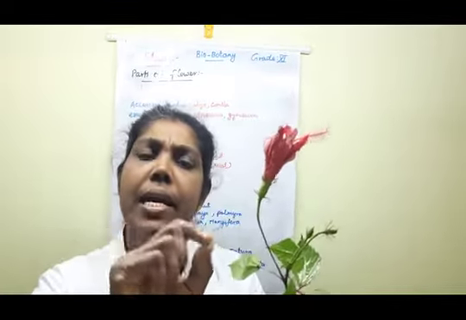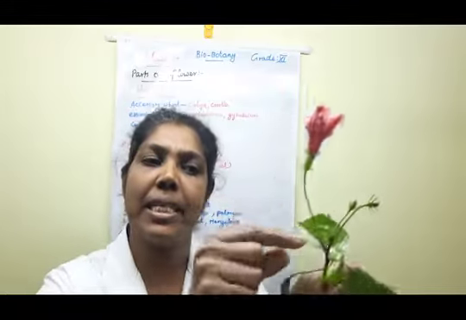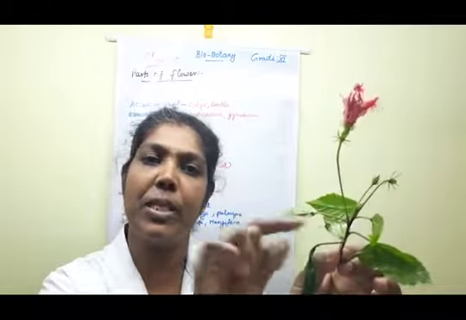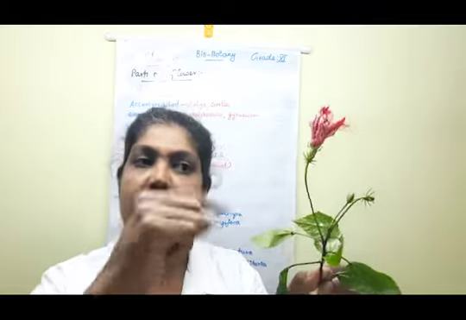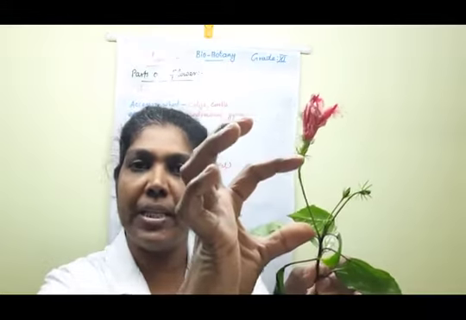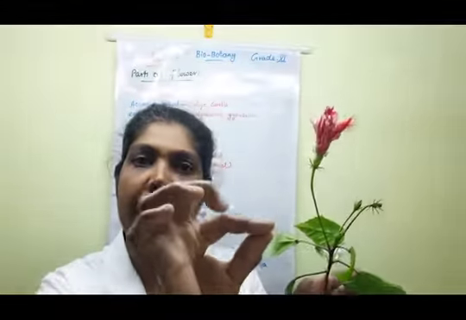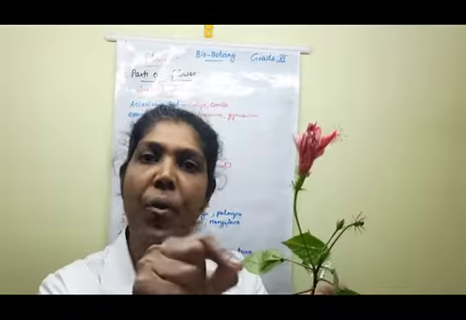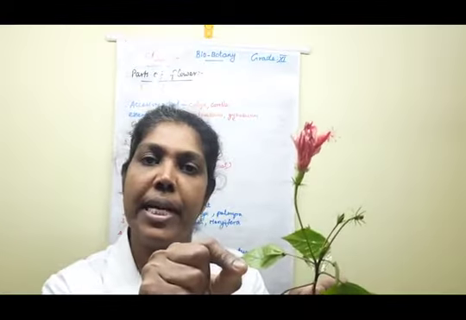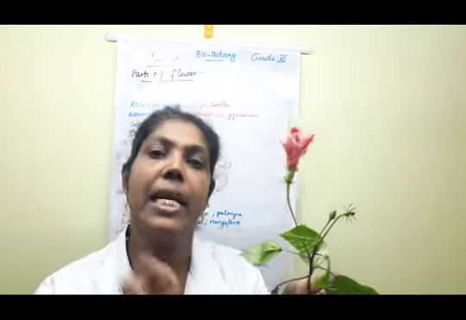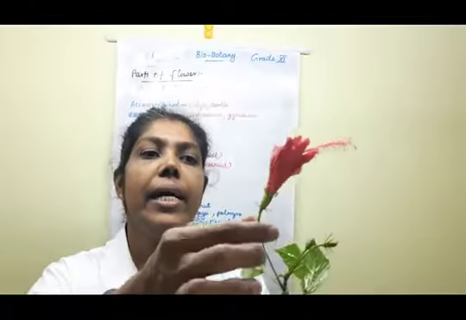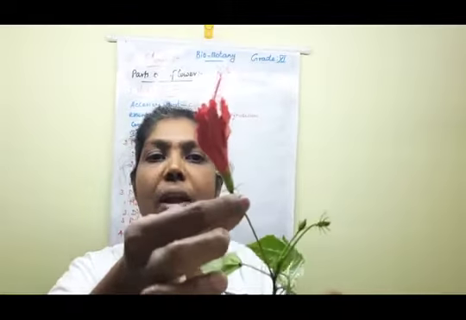At the base of the pedicel, the small bract-like structure present is the bract. Clear? Next one, this is the pedicel region. In this region, there are bract-like structures. That is known as the bracteole. Clear?